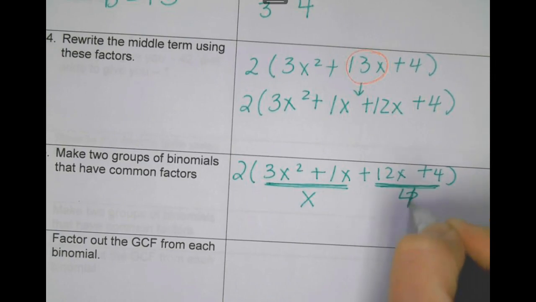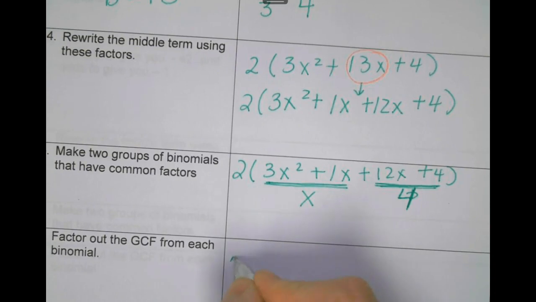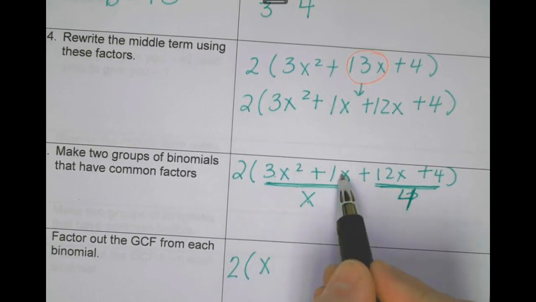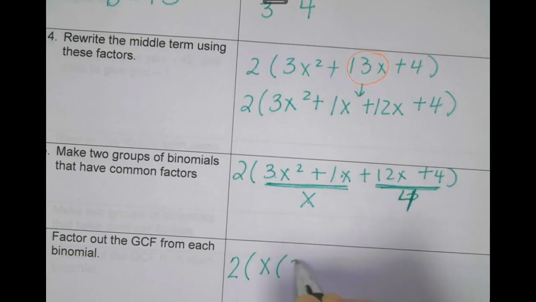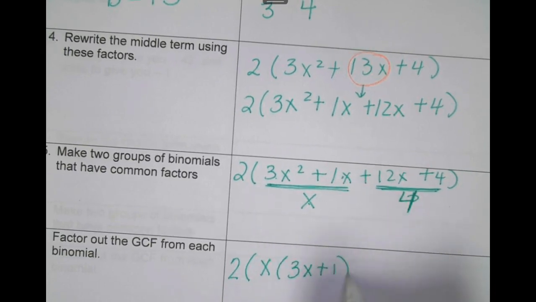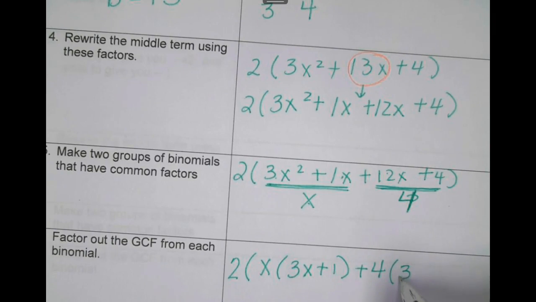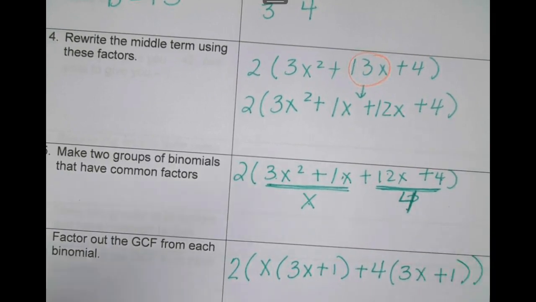I was about to write the wrong number down. This 2 is just going to hang around out in front. When I factor an x out of that, I would have 3x plus 1. 12 divided by 4 is 3x. 4 divided by 4 is 1.